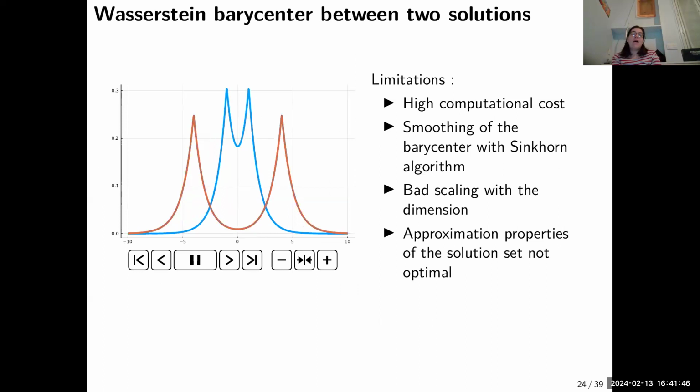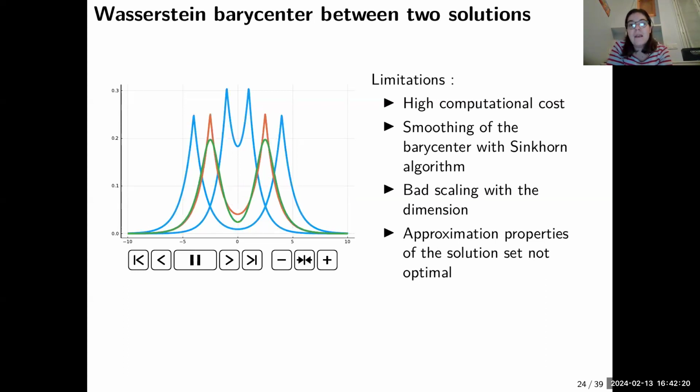However, we face some limitations with this Wasserstein metric. Here I've told you about the situation in 1D. But if you want to go to higher dimensions, which is what we want to do for true electronic structure calculations, computing these Wasserstein barycenters and these Wasserstein metrics can be quite costly from a computational point of view, and it scales quite badly with the dimension of the problem.